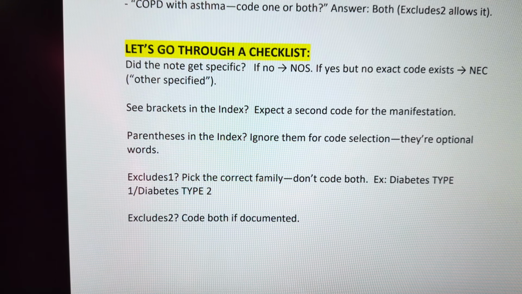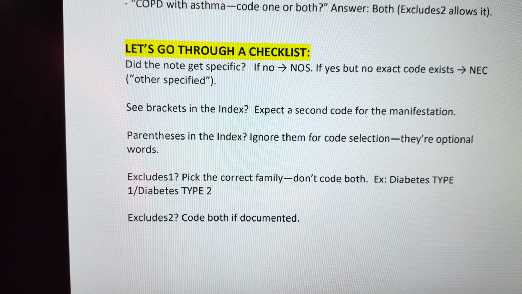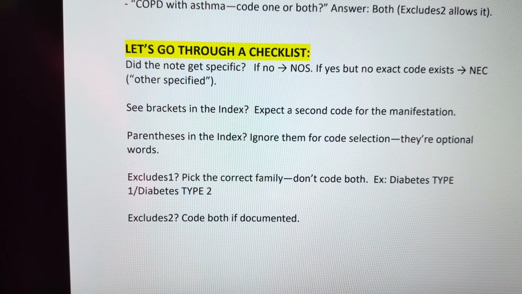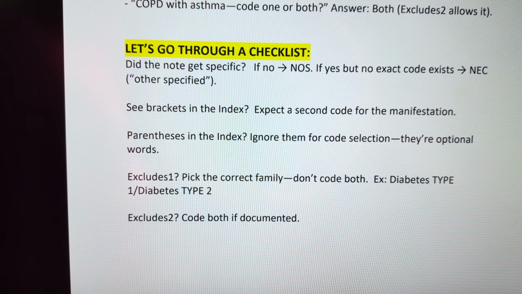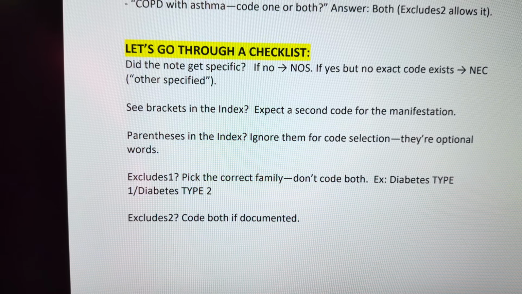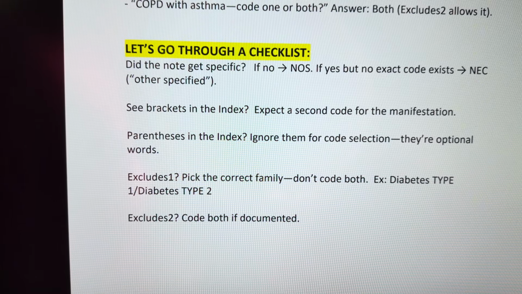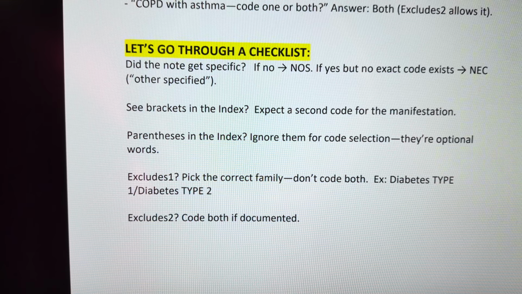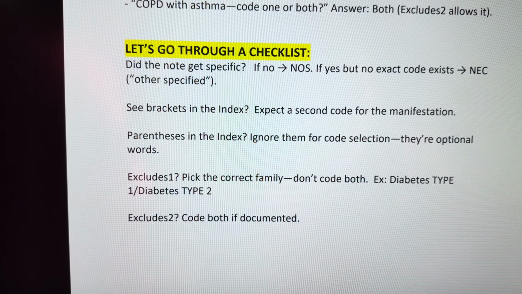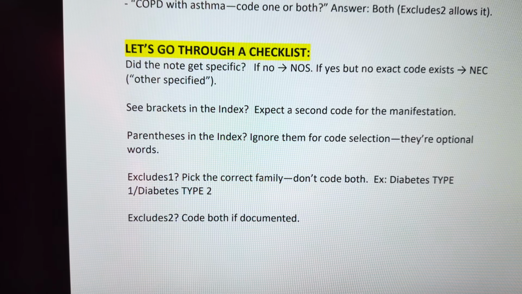Hypertension with chronic kidney disease: can I use I10, just regular hypertension, with both of those? Answer, no, because we're going to see an Excludes 1 over in the tabular. Excludes 1 is going to push you to I12, which is hypertension with chronic kidney disease. COPD with asthma, code one or both? You can code both. Excludes 2 allows it.